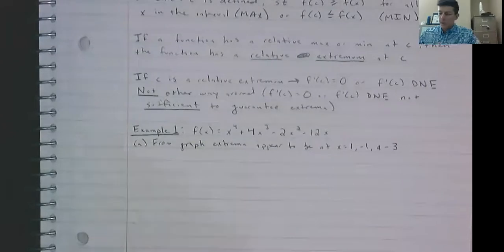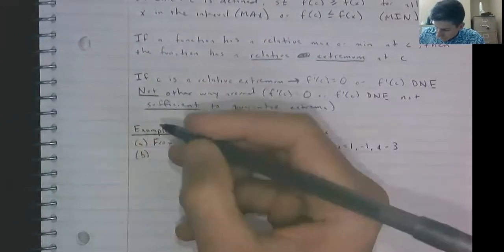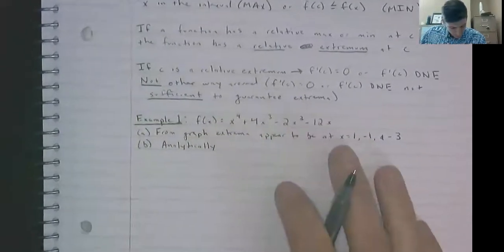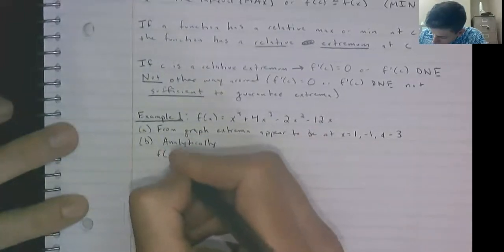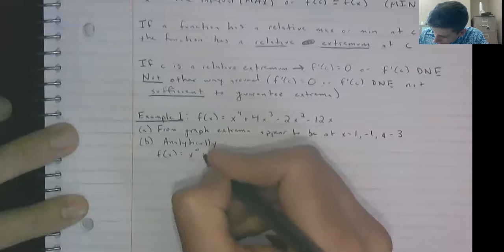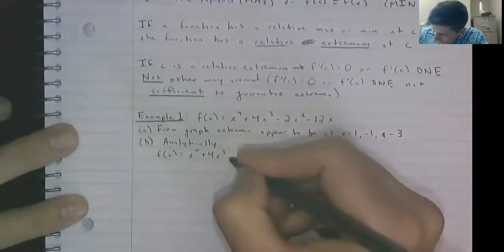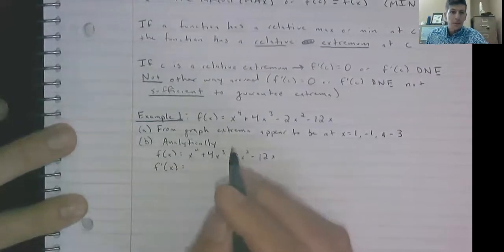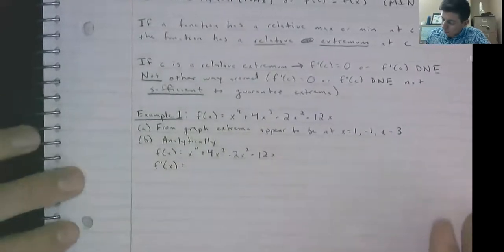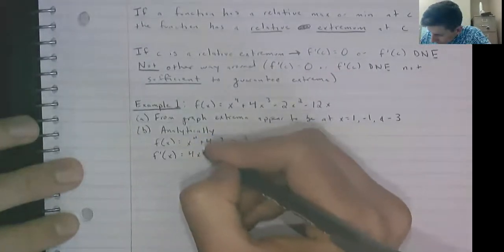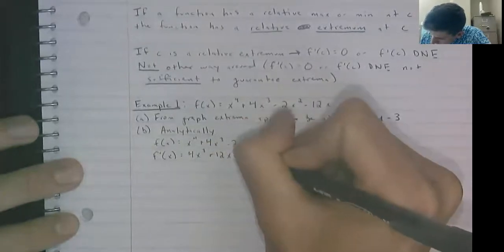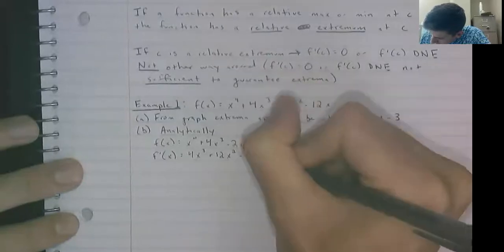But now we can confirm this analytically by finding the critical numbers. So if f of x is x to the 4th plus 4x cubed minus 2x squared minus 12x, then the derivative f prime of x is just a straight up polynomial, power rule all the way: 4x cubed plus 12x squared minus 4x minus 12.